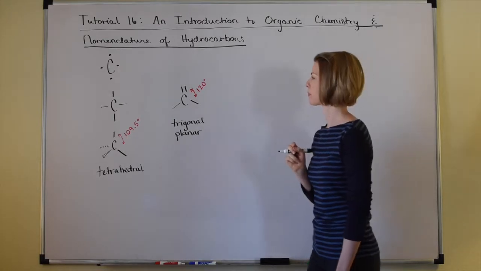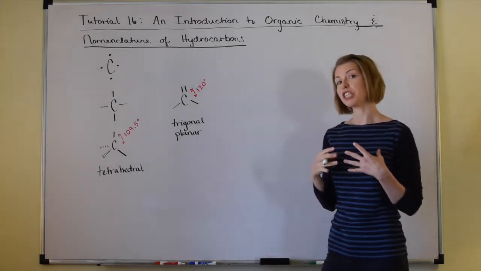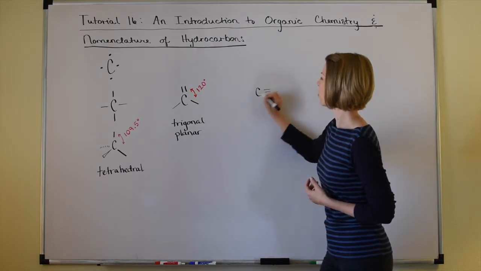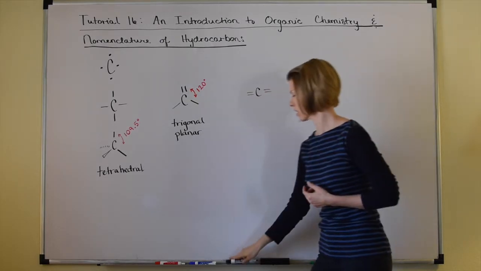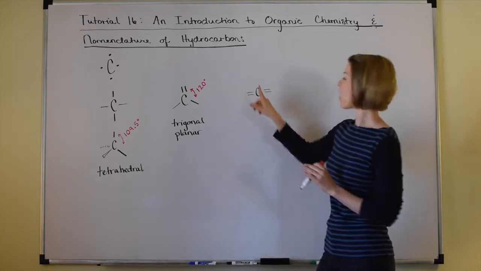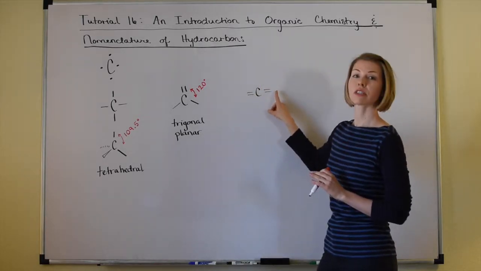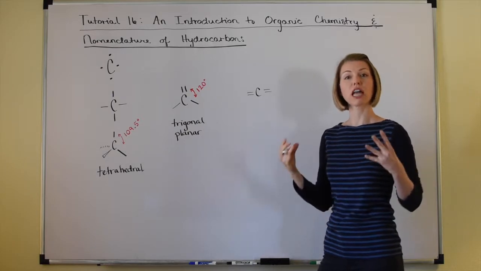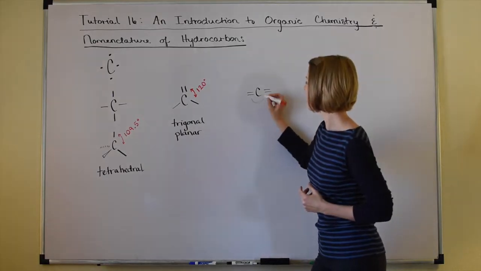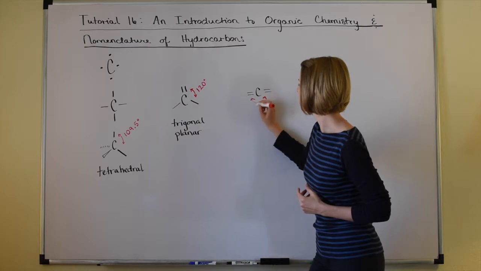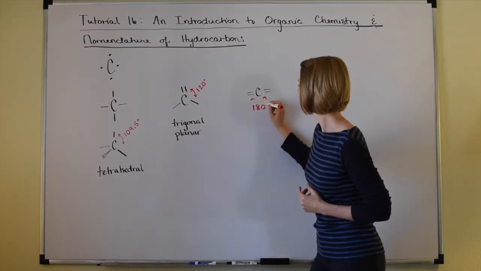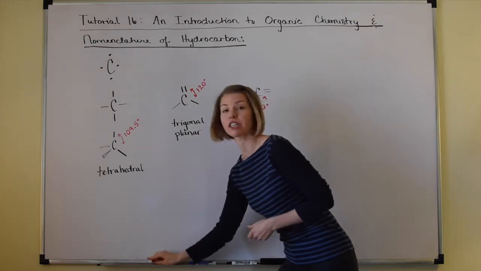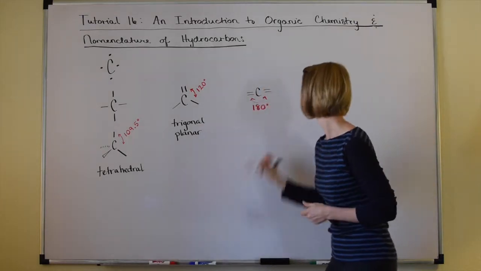molecular geometry. Another way that carbon can share its 4 valence electrons is in 2 double bonds. That means 2 charge clouds. Maximum distance apart in three-dimensional space that 2 charge clouds can be is 180 degrees, for a linear molecular geometry.